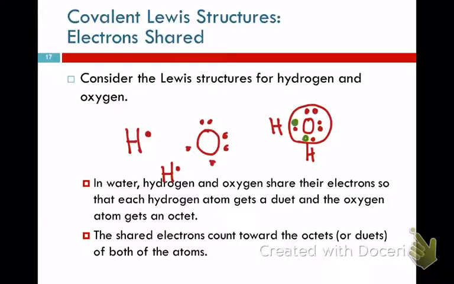So hydrogen wants to have 2. They call it the duet rule, or the rule of 2. It wants to be like helium because that's the noble gas it's closest to. So if it picks up 1 electron, it'll be like helium.